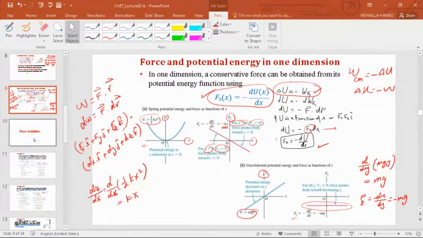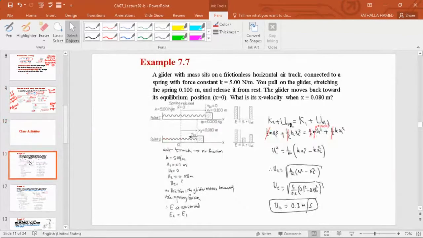What we're going to do next is basically we're going to deal with some examples. And the first example that we have here: a glider with mass sits on a frictionless horizontal air track connected to a spring with force constant k equal to 5 Newton per meter.